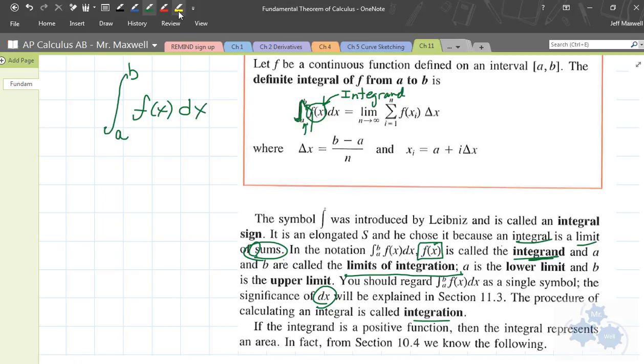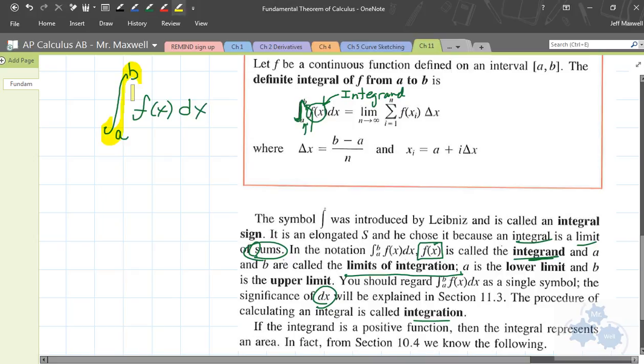Okay. So really, all this stuff right here, the elongated s, the limits of integration, this dx, that's the integral notation. And then the function is kind of separate in here, right? So all of this goes together. It's a single symbol, so this means the same thing.